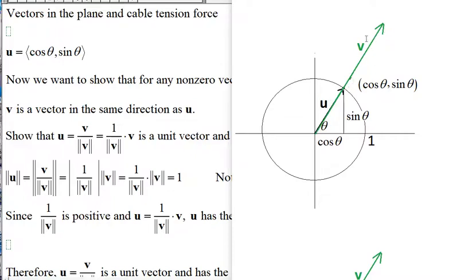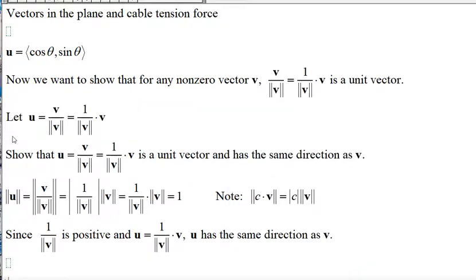And if we do vector v divided by the magnitude of v, we want to show that that is a unit vector. And so let's call this vector right here, the vector v divided by the magnitude of v, we'll call it u. And we want to show that u here is a unit vector.